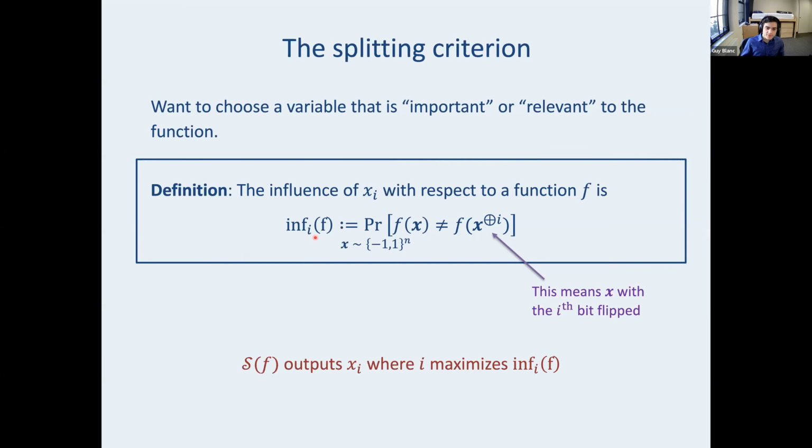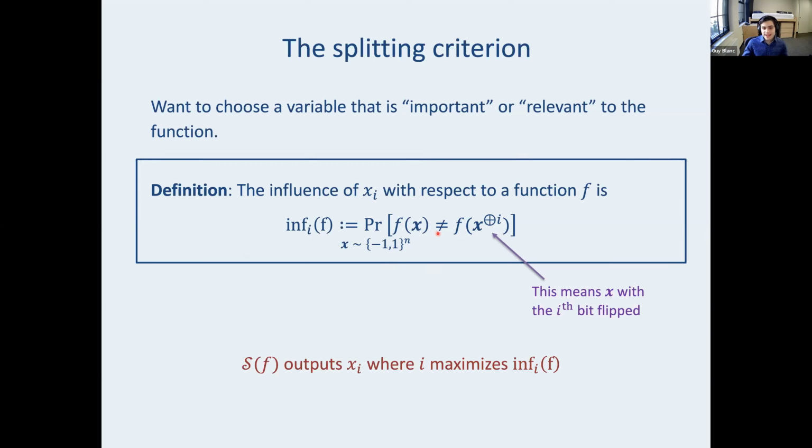The influence of a particular variable x_i with respect to a function f is the probability, over a random input, that flipping that particular variable changes the function value. Put differently, it's the probability that you fix all the other bits, and you still have to know this last bit in order to determine the function value. So if a variable has high influence, you can't really get around querying it.